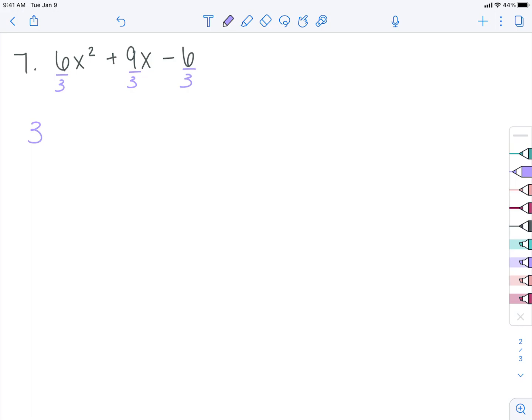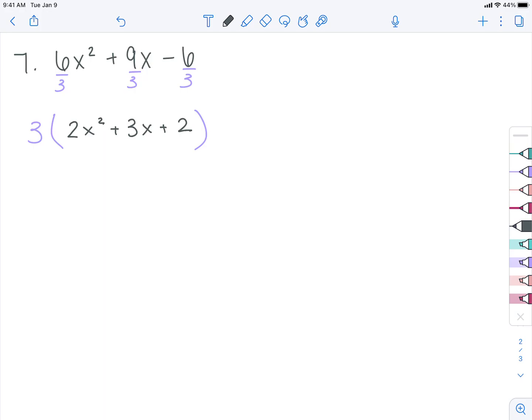So once I pull out the 3, I just want to know what's left over, and to figure that out, I'm literally just going to do, okay, 6 divided by 3 gives me 2. So now I have 2x squared plus 9 divided by 3 is 3x plus 6 divided by 3 is 2.